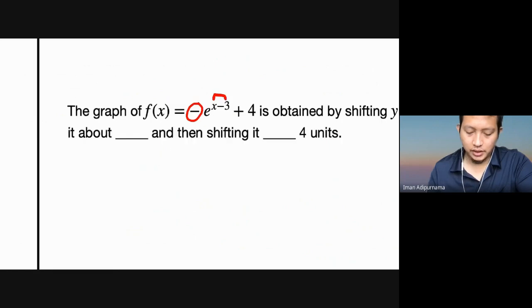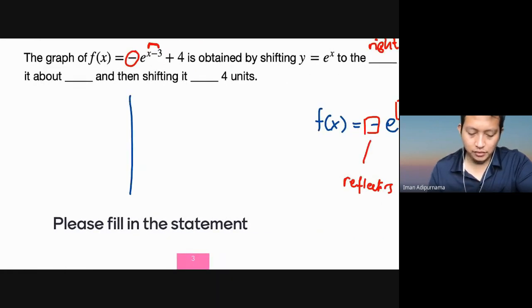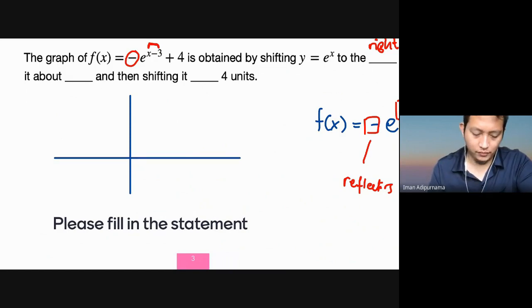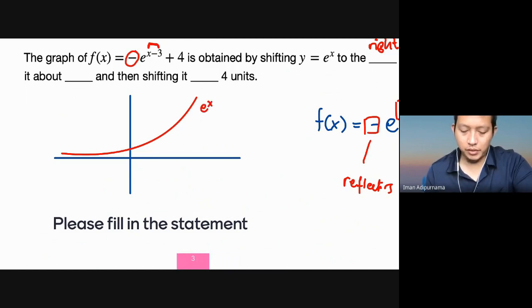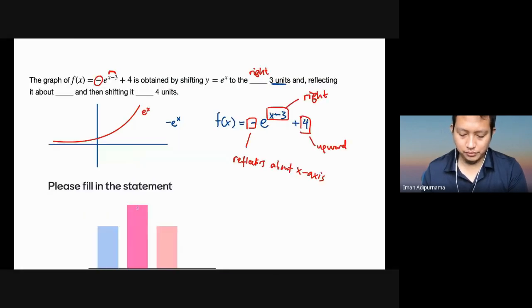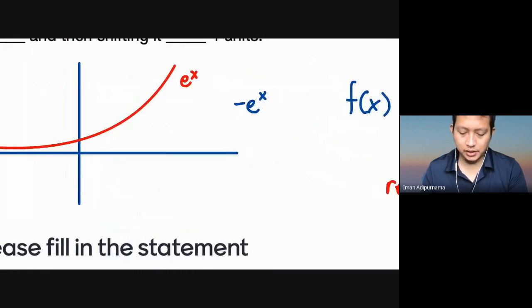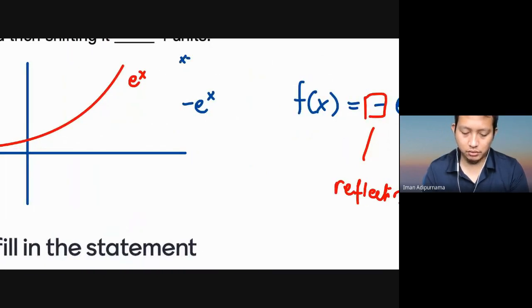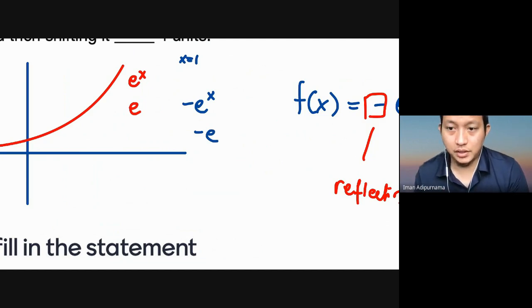If you want to check how the graph should look, you can check with the original e to the x. Let's say this is e to the x. And if you want to make another function that is minus e to the x, what will you do? First check x equal 1. This will be negative e.